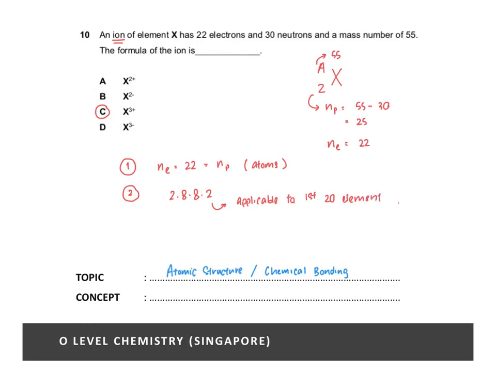For elements beyond 20, the rules that we have learned to fill up electron shells no longer apply, because there are different rules for elements that have proton numbers greater than 20. So bear in mind, whatever we have learned in the syllabus for writing electronic configuration can only be applied to the first 20 elements.